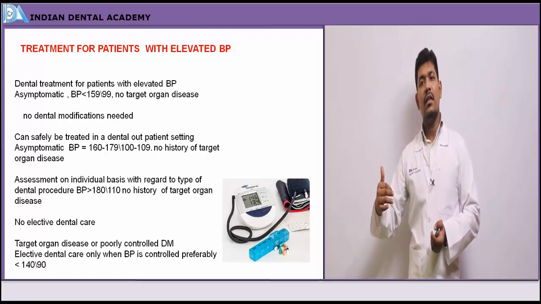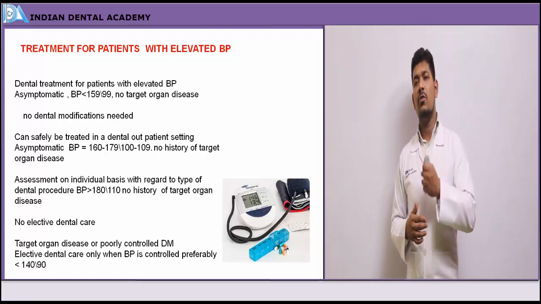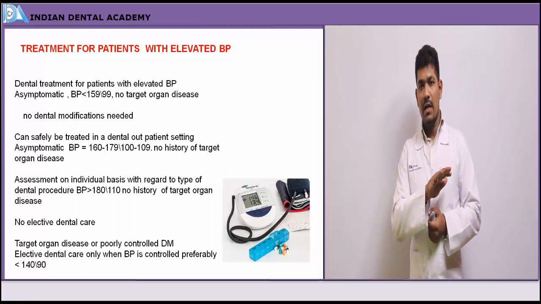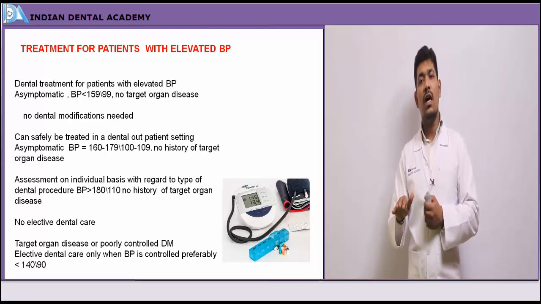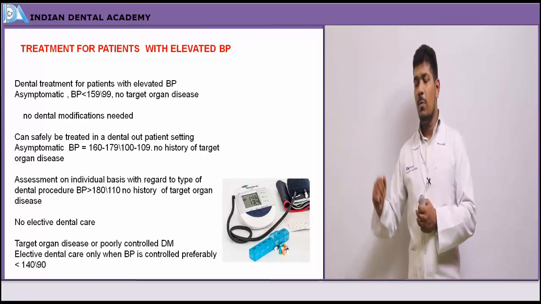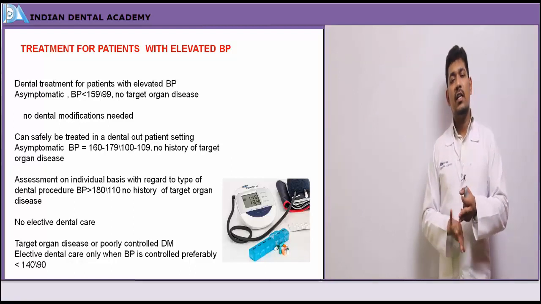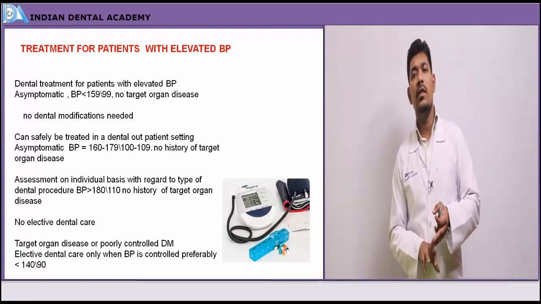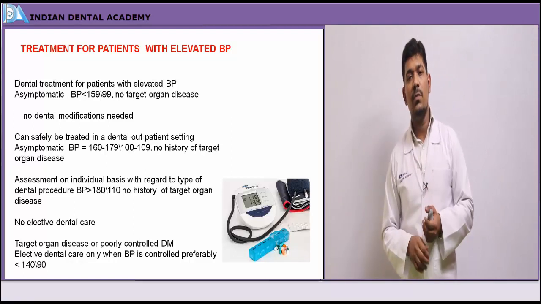Only after that is elective dental treatment meted out to such patients. If the blood pressure goes above 180 by 110, no elective dental treatment or invasive procedures are to be given to the patient.